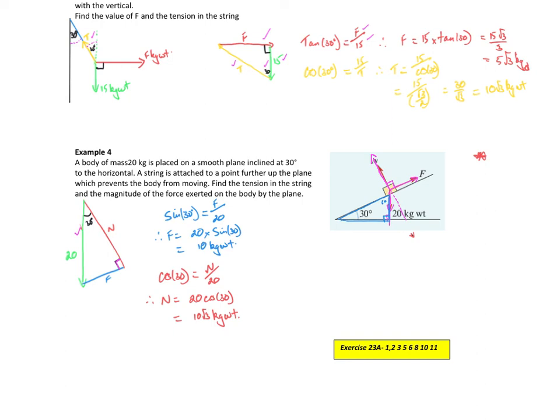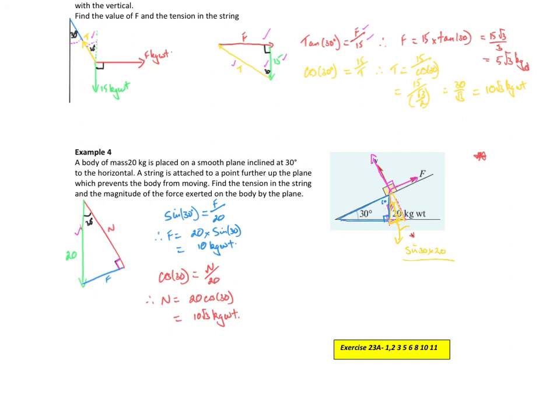And now, what I want to do is consider in yellow a triangle where that's parallel to the plane, and that's 30 degrees there. So this length here is opposite. There's my hypotenuse. So that length there is sine 30 times 20.